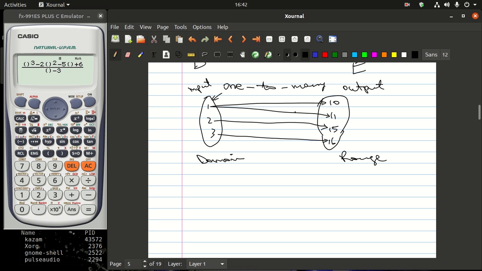Going back to the definition of a function, we want each element to have one output. So one to many is not a function, because there is this one input that has more than one output. So that is not a function.